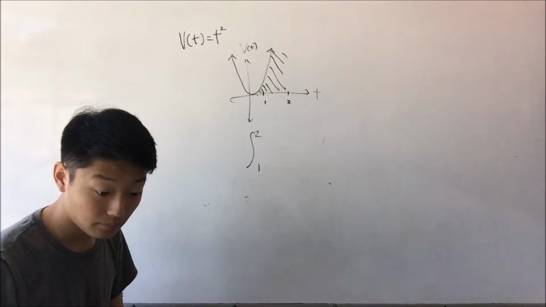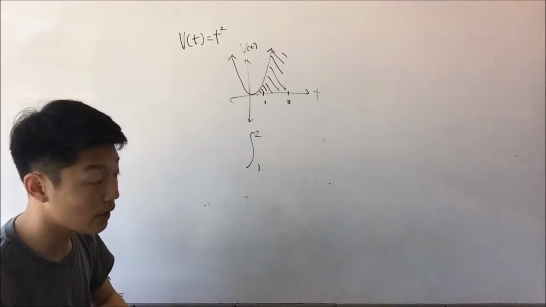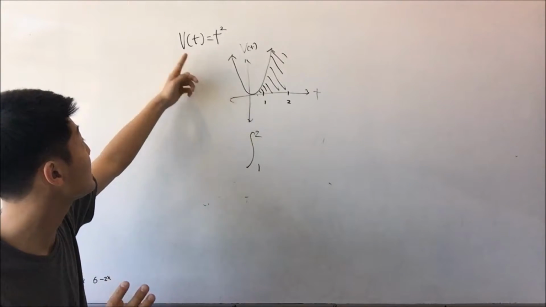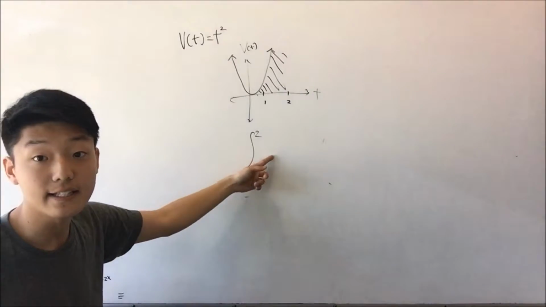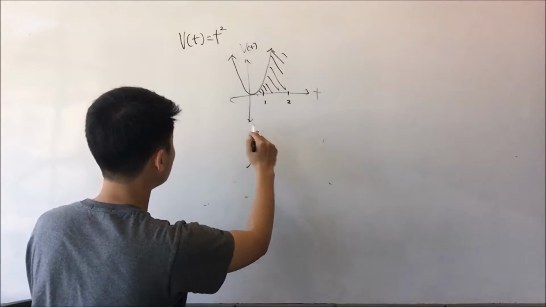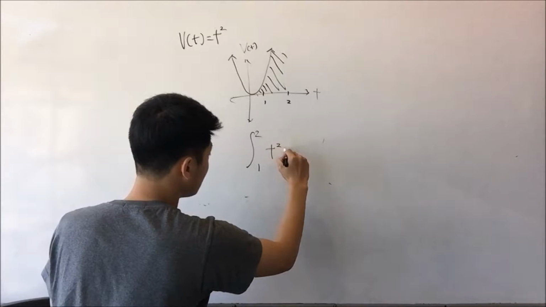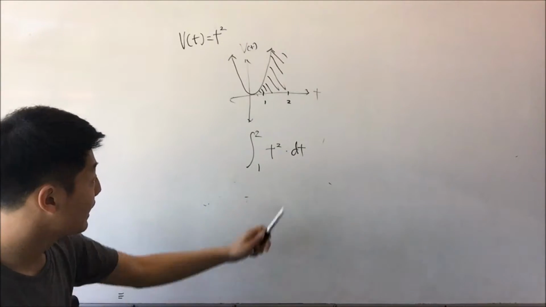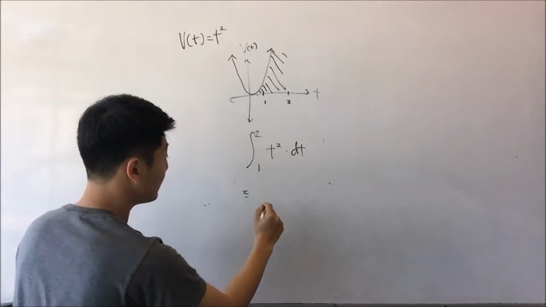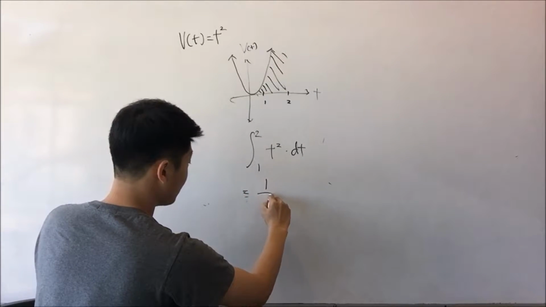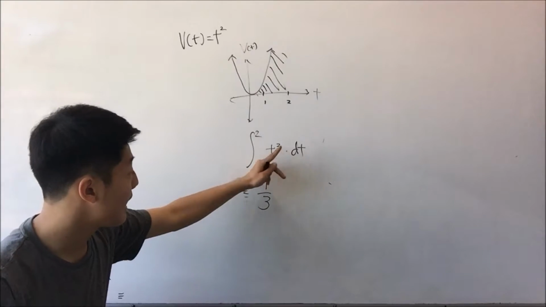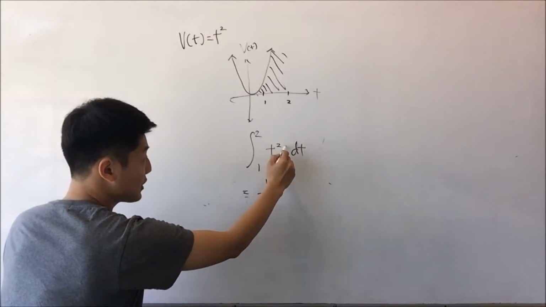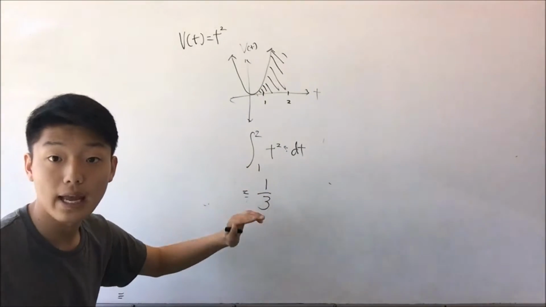Because you want to get the displacement, you have to integrate v(t), which is t squared, dt. If I integrate this, this will become one third again. To the original exponent, you have to add 1.